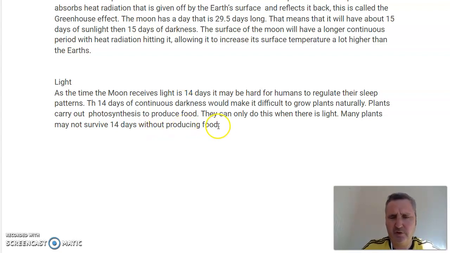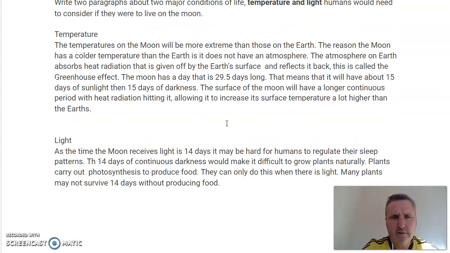So unless the plants have stored enough food, then they need to use food to stay alive, to respire, so they may not survive the 14 days. So you'd think that a plant would be adapted for a 12-hour night, and suddenly when it goes into a 14-hour night, they just wouldn't survive. So that's the kind of thing that I would put in my paragraphs.